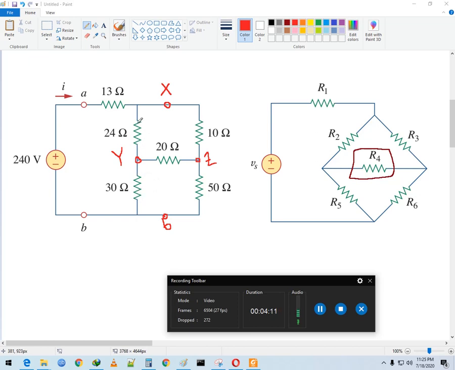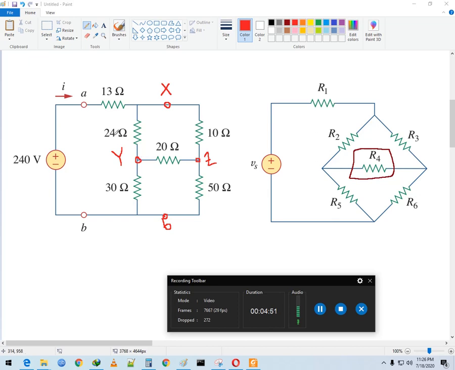The answer is no, because this 24 ohm resistor is in between node X and node Y, and this 30 ohm resistor is in between node Y and node B. So node Y is common between this 24 and 30 ohm resistor, but this node Y is not exclusively shared between them, because we have a 20 ohm resistor connected to this node Y. For that reason, this Y node is no longer exclusively shared. Exclusively means there is no other element connected to that node.